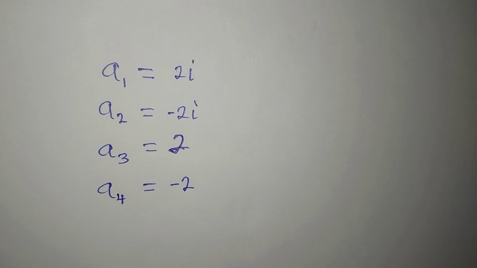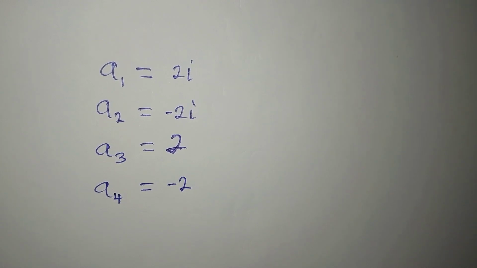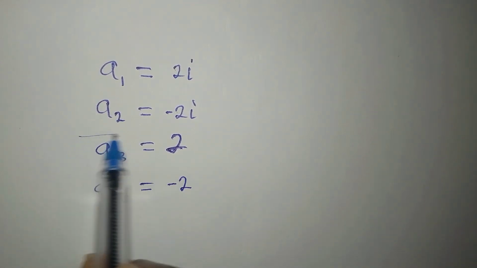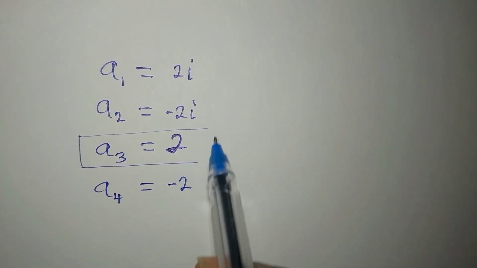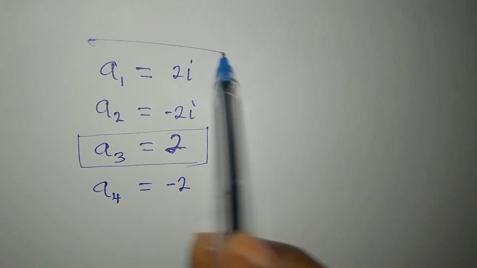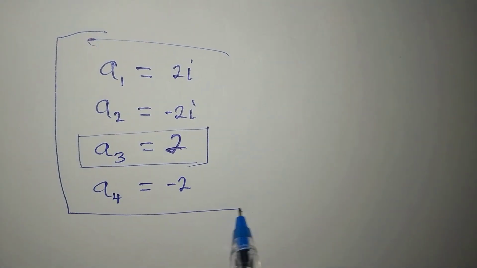But mind you, if we had equated the bases because the powers were the same, the only solution would have been this solution, a equals 2. But now look at how many solutions we have.